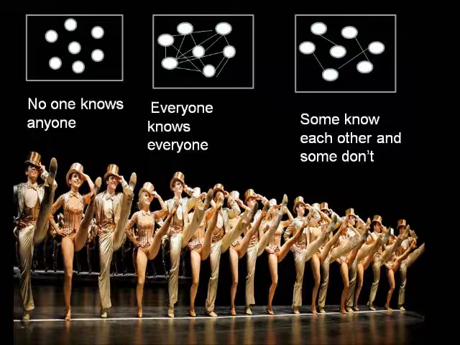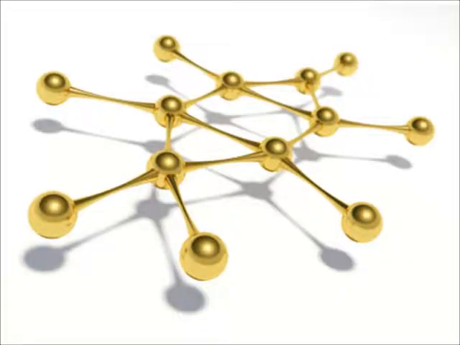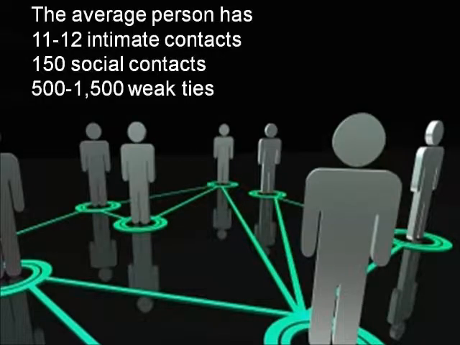Same thing has been found with other groups such as research groups. It's all about interaction in and among social networks. The average person has 11 to 12 intimate contacts, 150 social contacts, and 500 to 1,500 weak ties.